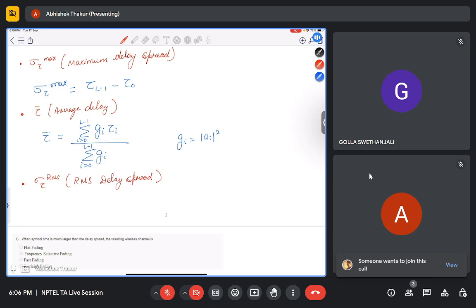The formula of RMS delay was given as the square root of the summation of i equal to 0 to L minus 1 of gi times tau i, the delay of the ith component, minus the average delay, whole square, divided by the summation of mod of ai square.